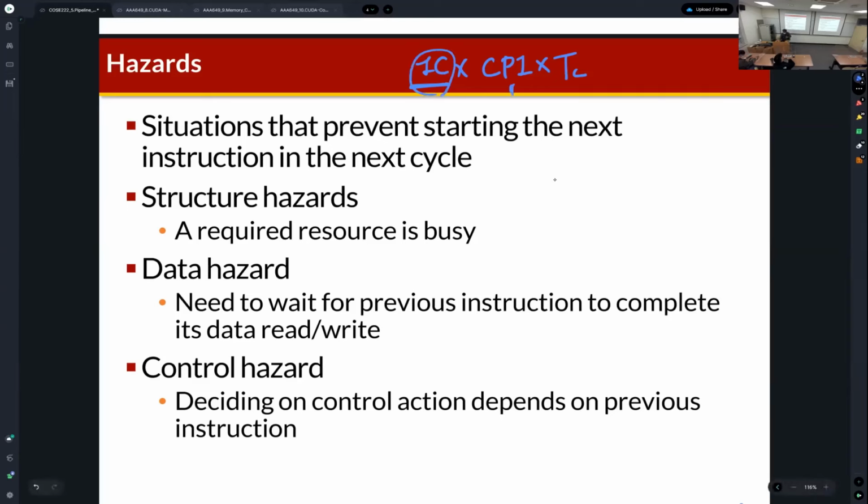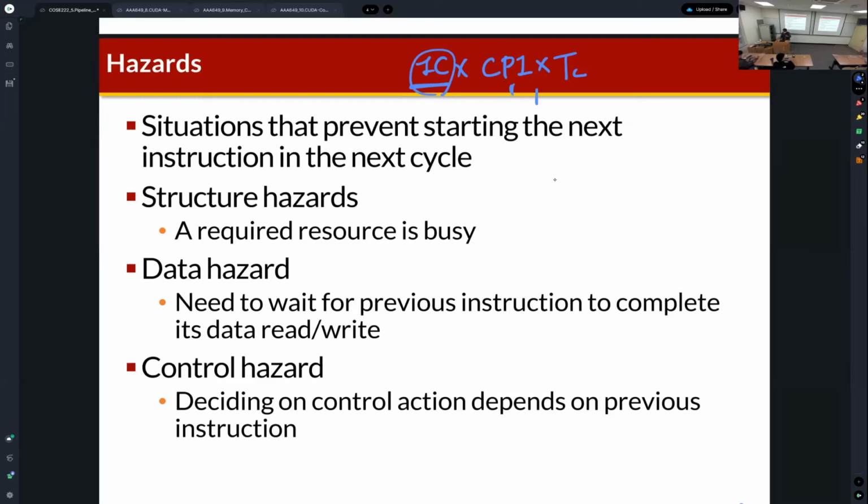And I also mentioned that the CPI of the pipeline architecture is 1 only for the ideal case, which means that in reality, the CPI of the pipeline architecture is not 1.